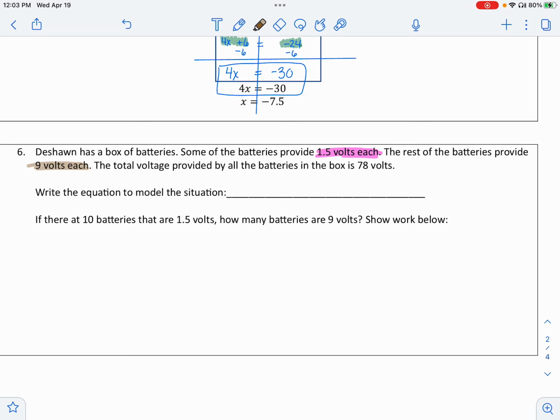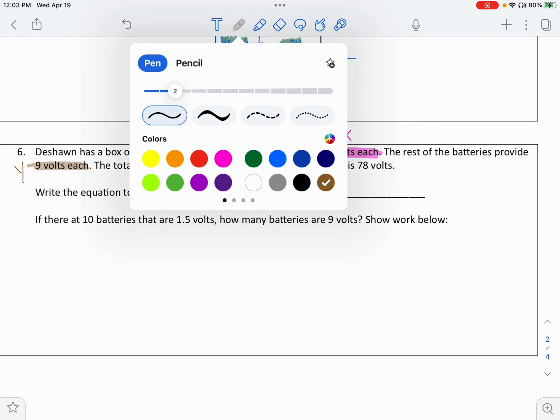So 2 types of batteries. The total voltage provided by the batteries is 78 volts. What is an equation to model this situation? Now I'm going to call the pink stuff X, and I'm going to call the brown stuff Y.